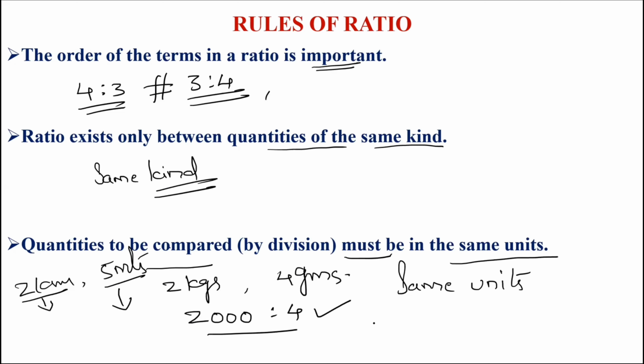If they have given 40 minutes and 30 seconds, then convert 40 minutes into seconds, that is 40 into 60 is to 30. This is the way: consider only the same units, the order is important, and only the same kind we have to consider.